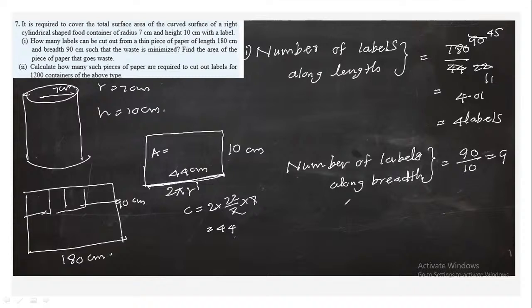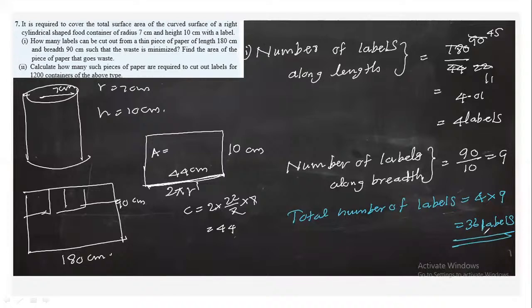Then the total number of labels is four times 9, 36. We can cut 36 labels.